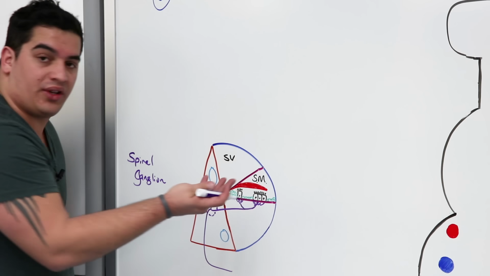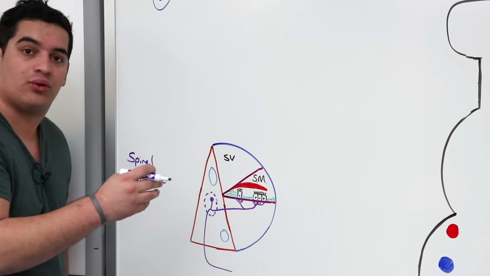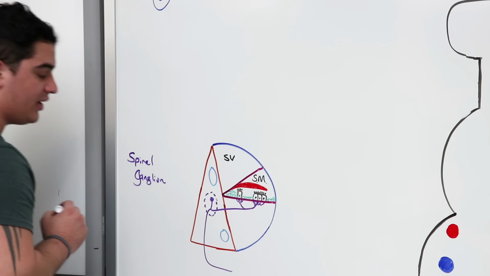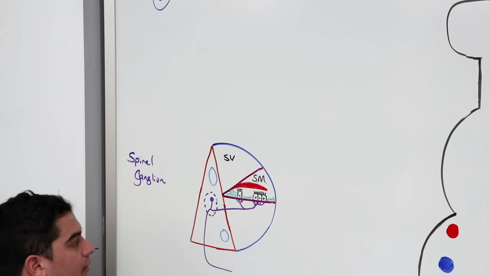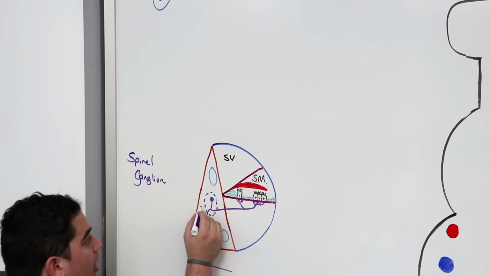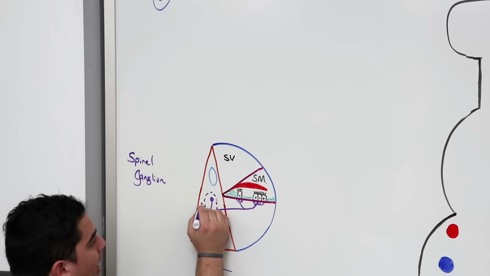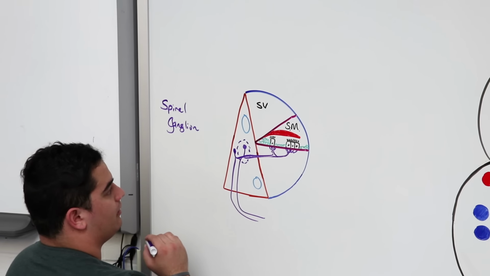That should make sense because it's going to innervate the spiral organ of Corti. So the spiral ganglion is innervating the spiral organ of Corti. Peripheral processes go out to that organ of Corti, where the hair cells are. Central processes go into the central nervous system. I'm just drawing one of these ganglia, but imagine for a second that I have multiple of them. Here's a peripheral process and a central process from this ganglion.